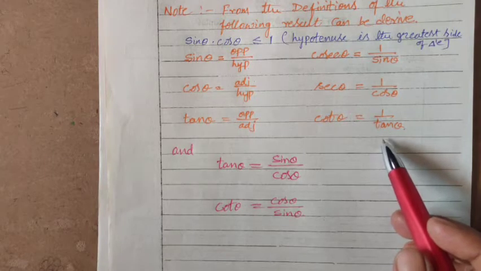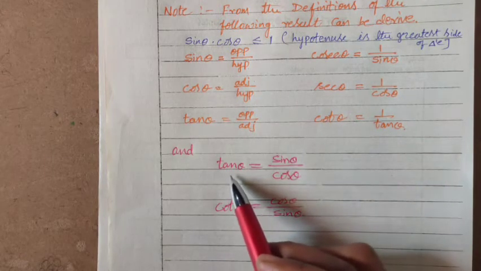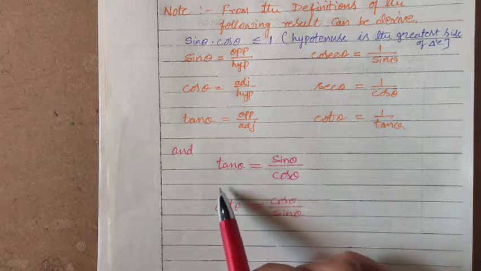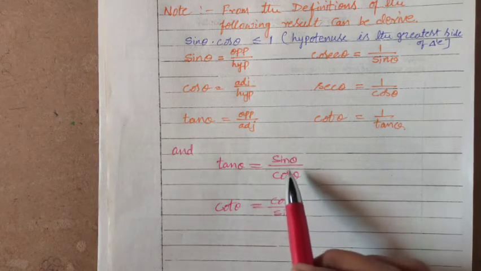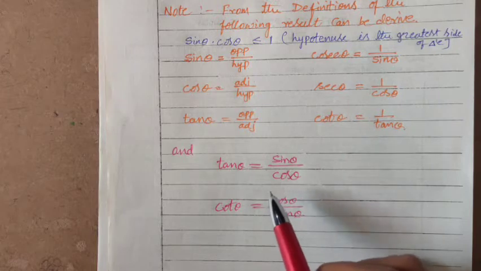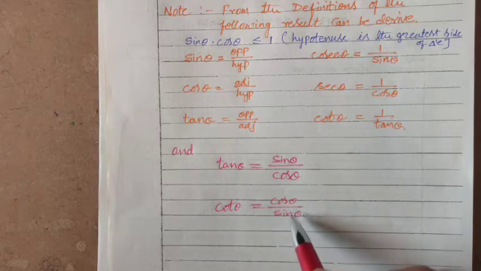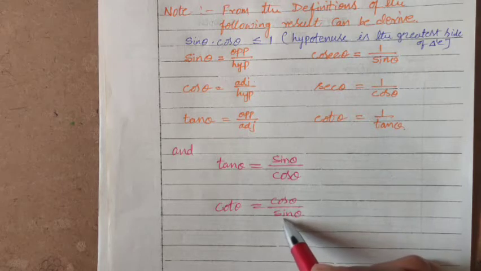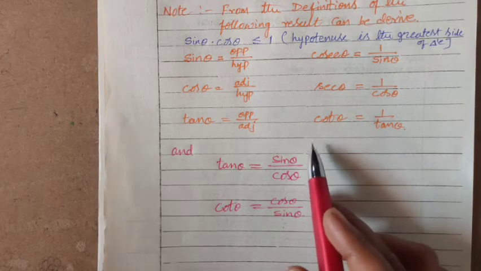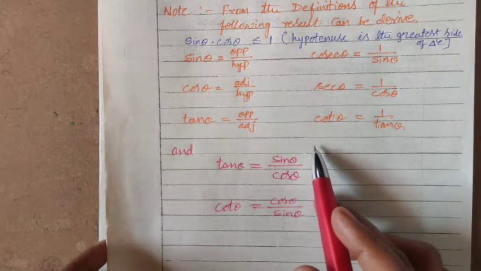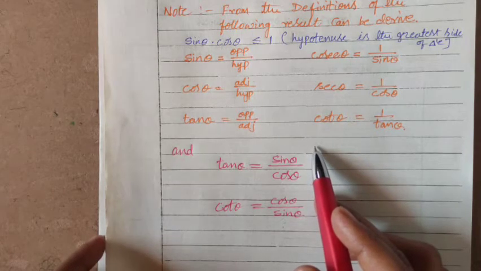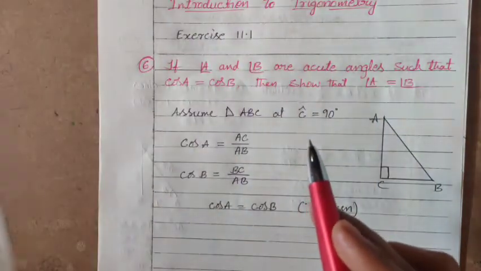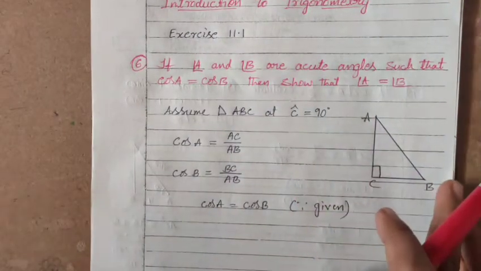And also tan theta equal to sin theta by cos theta, and cot theta equal to cos theta by sin theta. You can learn this in the previous videos. By using these six trigonometric ratios, now we can solve some problems on your exercise 11.1. Now look at the sixth question.